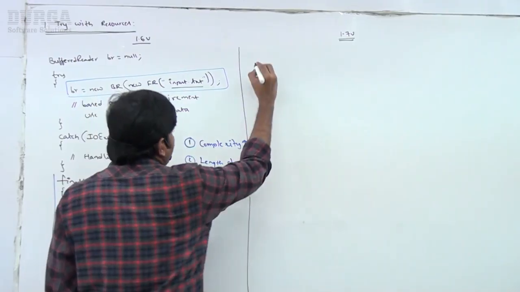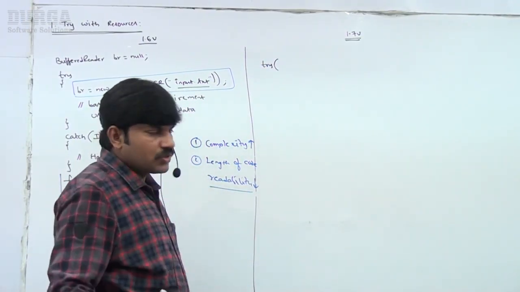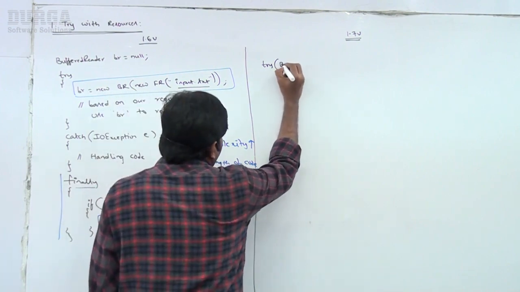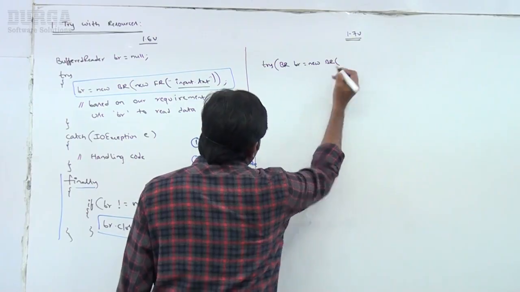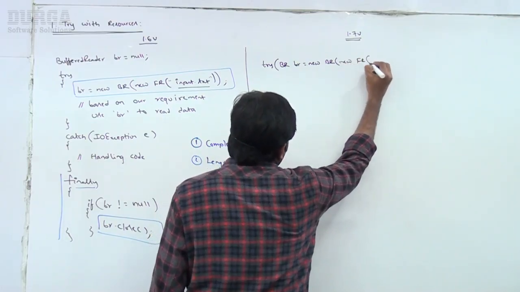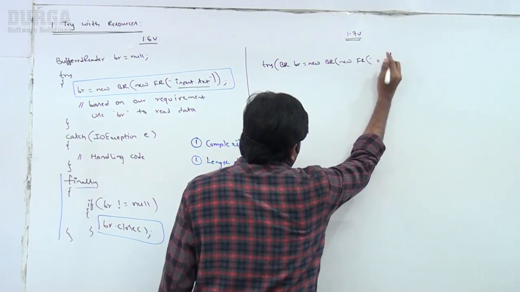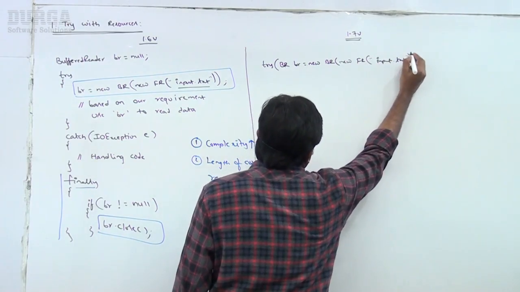Very simple. Here I am taking a try block. Which resource do you want? BufferedReader br = new BufferedReader(new FileReader("input.txt")).